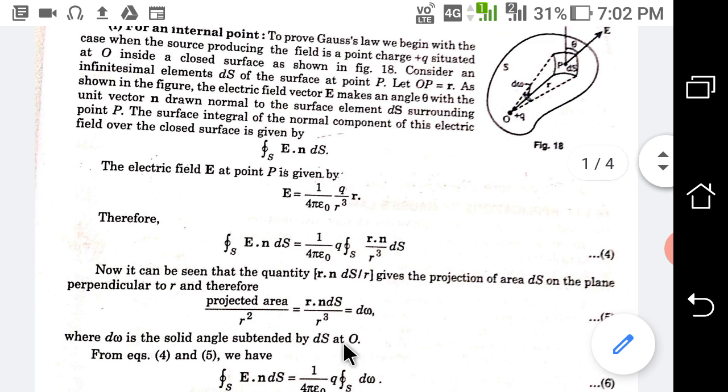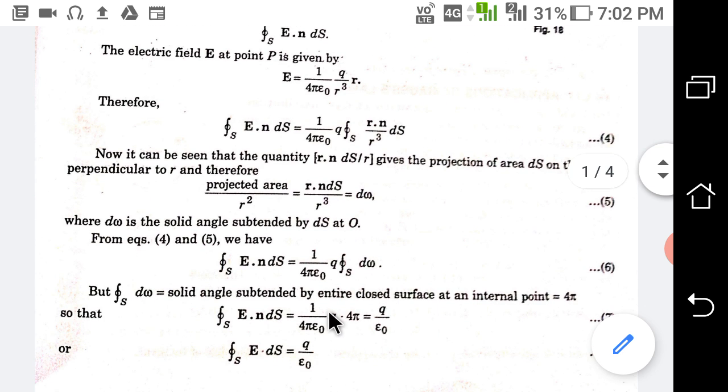Now substituting this value, we get the surface integral of E dot n ds equal to 1 upon 4 pi epsilon naught, q times the surface integral of d omega. But the integral of d omega over the closed surface is the total solid angle, and its value is equal to 4 pi.